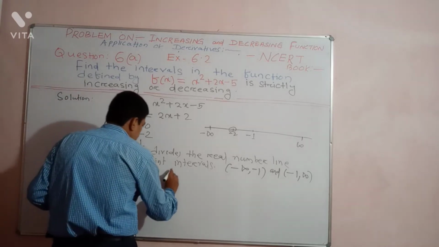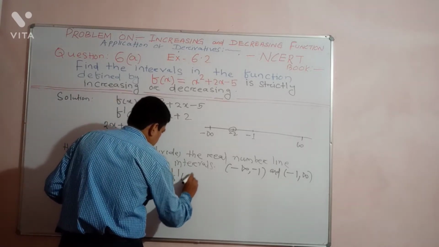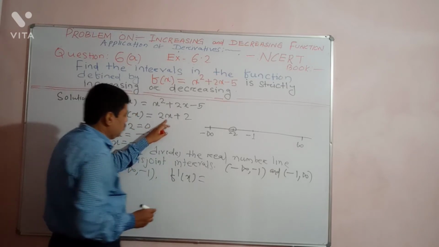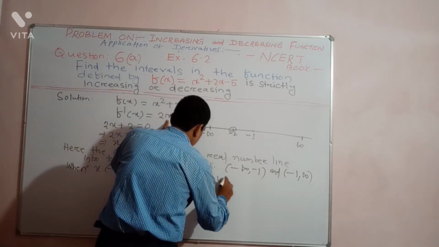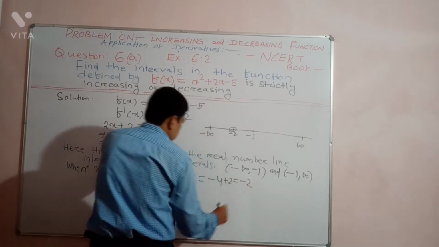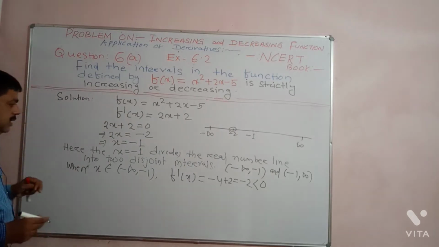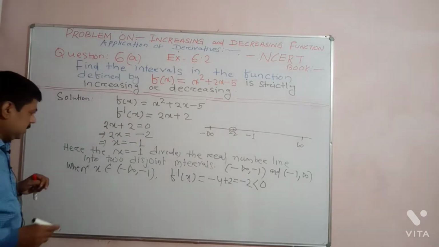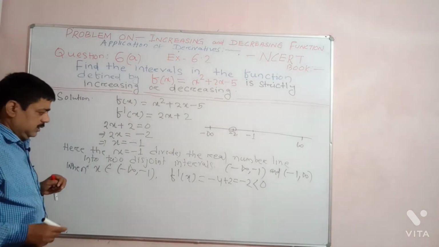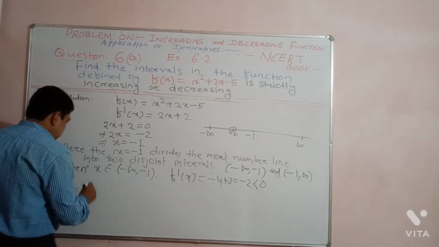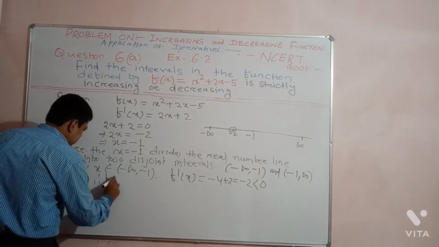Then what is the slope of the function? Putting x equal to minus 2, it will be minus 4 plus 2, which is minus 2, less than 0. Since the slope of the function is less than 0, the function is strictly decreasing. Hence, f is strictly decreasing.